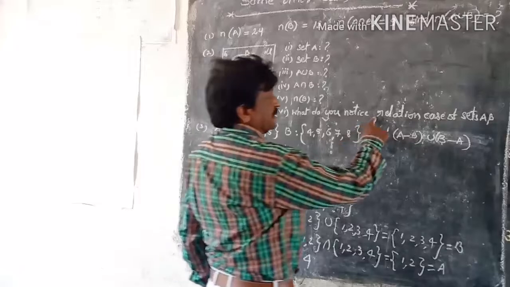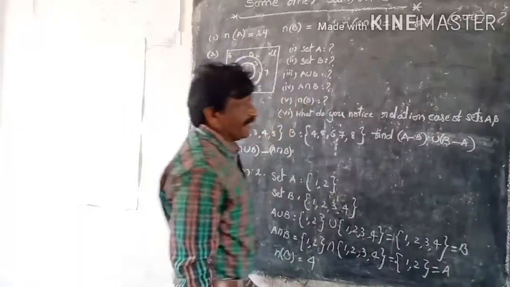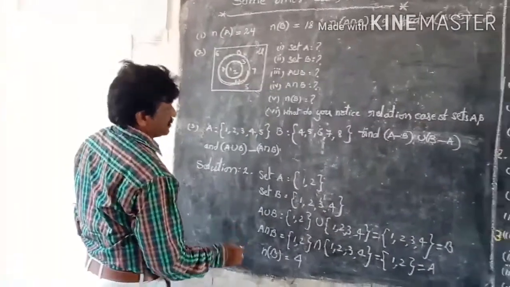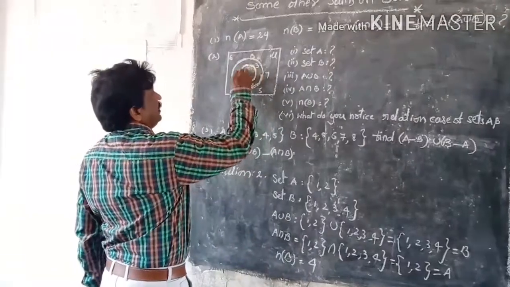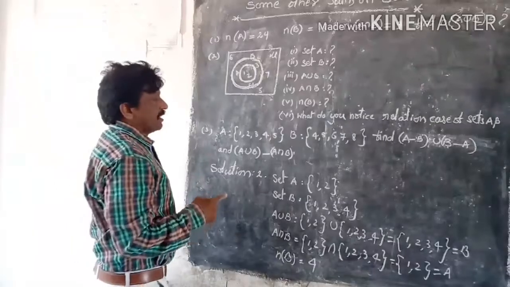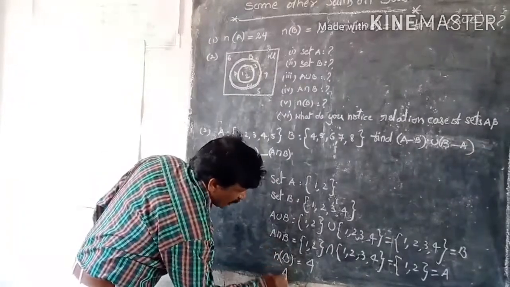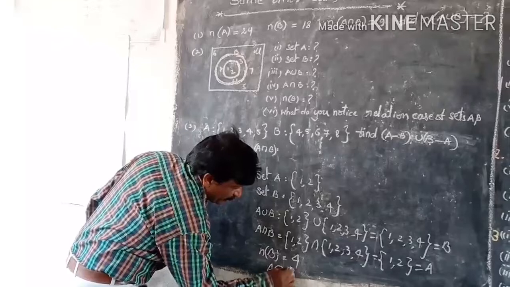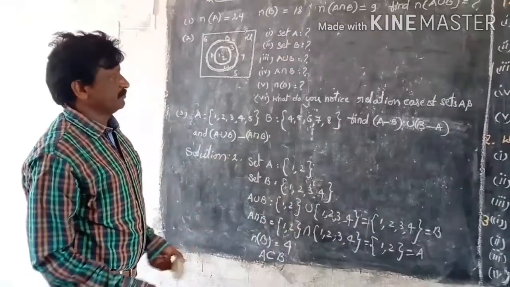What do you notice about the relation between sets A and B? A is a subset of B, since the elements in A are also in B.